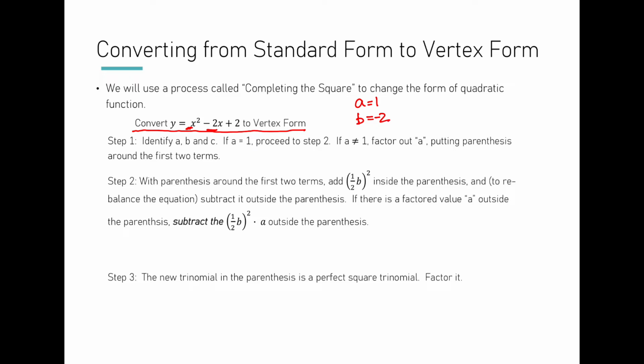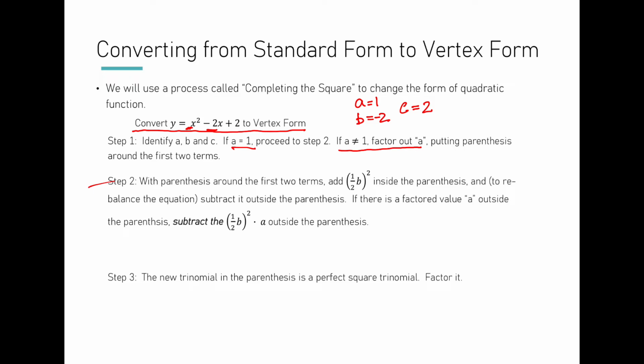We want to always pay attention to the sign there. And then c is 2. All right, so we identified that. If a is equal to 1, we would go straight to step 2. But if a is not 1, we're going to factor it out. And I'll show you what we mean by that on another example.